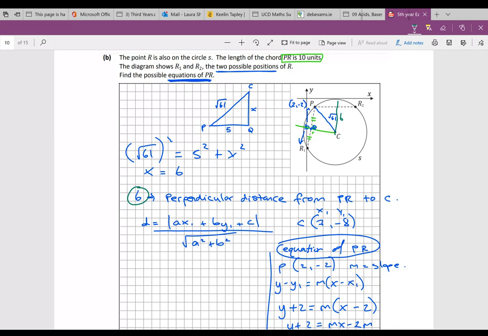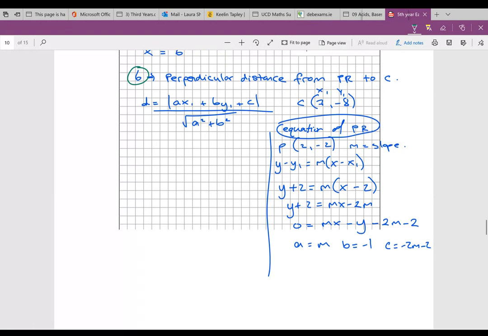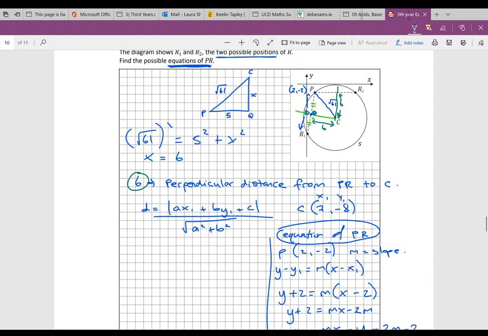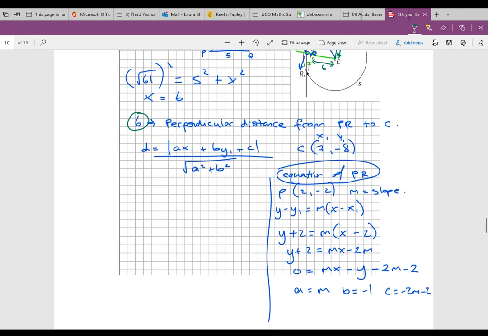Okay, so regardless, that distance from there to there, or from there to there, is 6. So the perpendicular distance of either of those lines, PR1 or PR2, is 6.